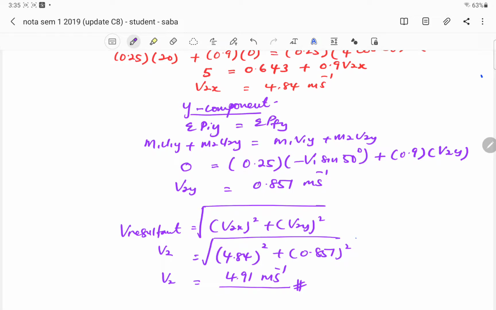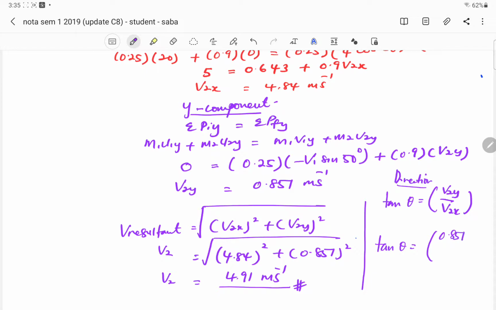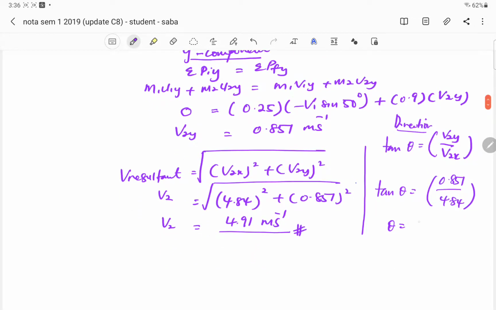Because velocity is a vector quantity, you also have to find the direction. For the direction we use tangent theta equal to V2y over V2x. Insert V2y is 0.851 over 4.84. So theta will be 9.97 degrees.